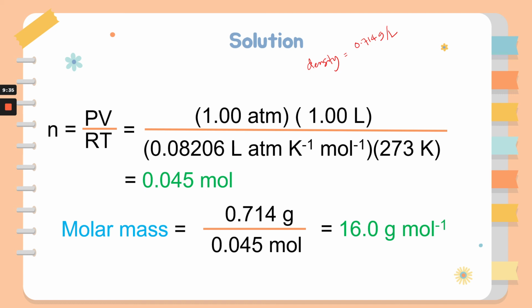It is because the density is measured at standard temperature and pressure. So we know the temperature, pressure, and volume, because it is at STP. Now we need to find the number of moles.